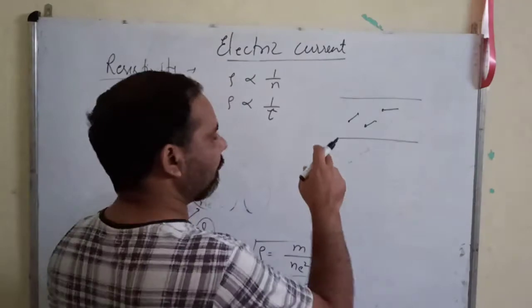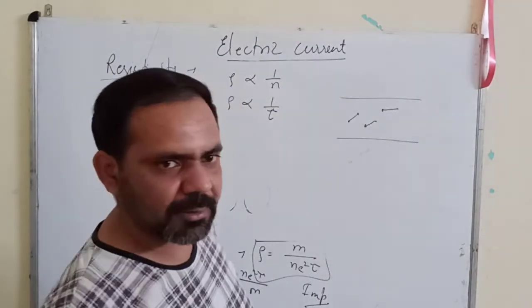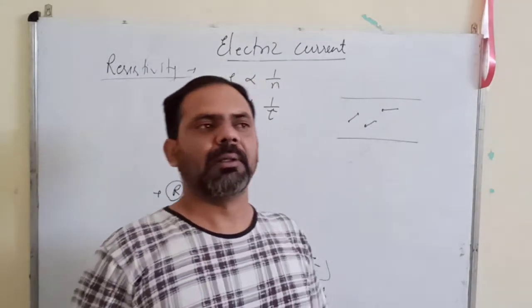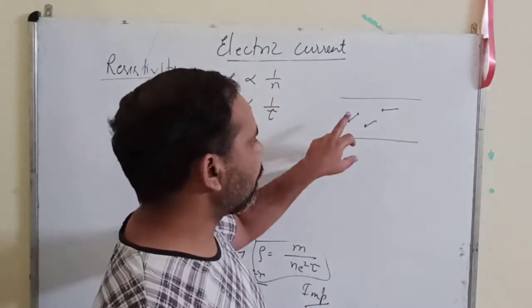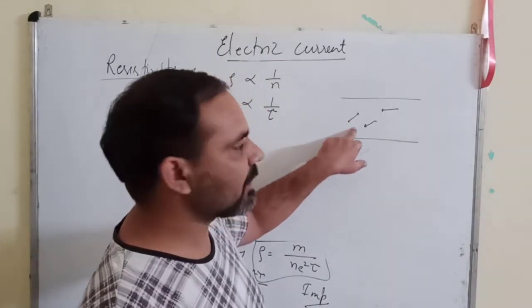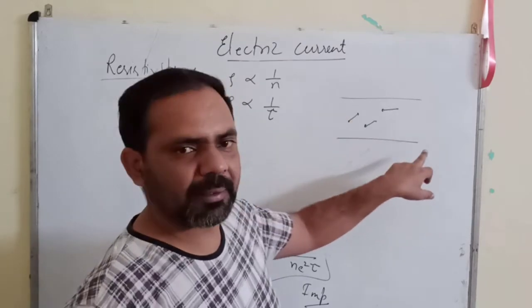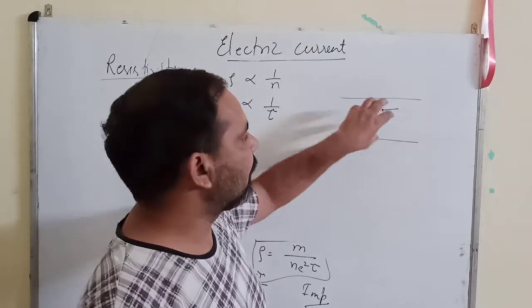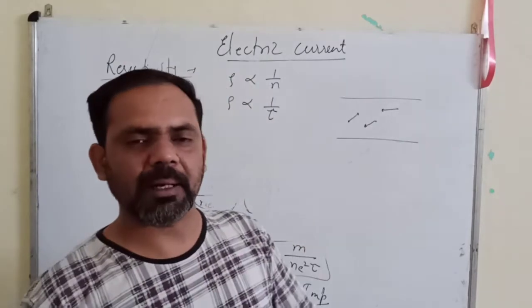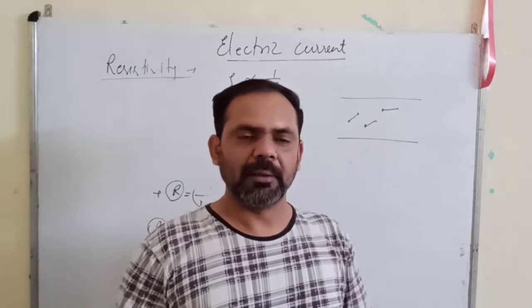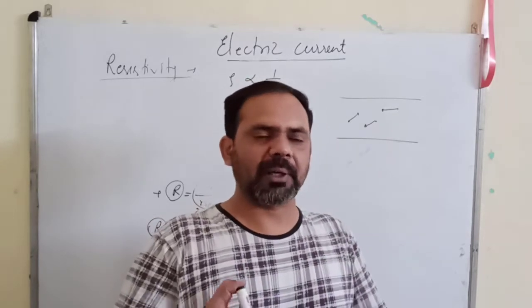Now, if the temperature is high, suppose when we pass current through a conductor, it becomes hot. When it becomes hot, it has a large amount of heat energy. Due to that energy, the electrons will start moving in random directions very fast, and hence they will undergo collisions frequently.